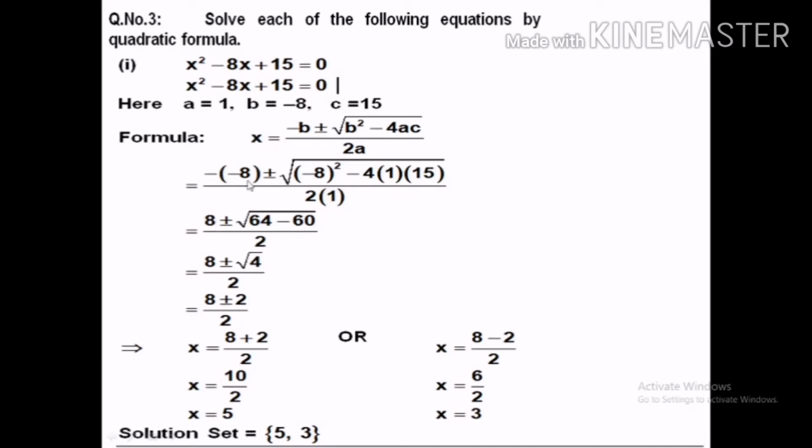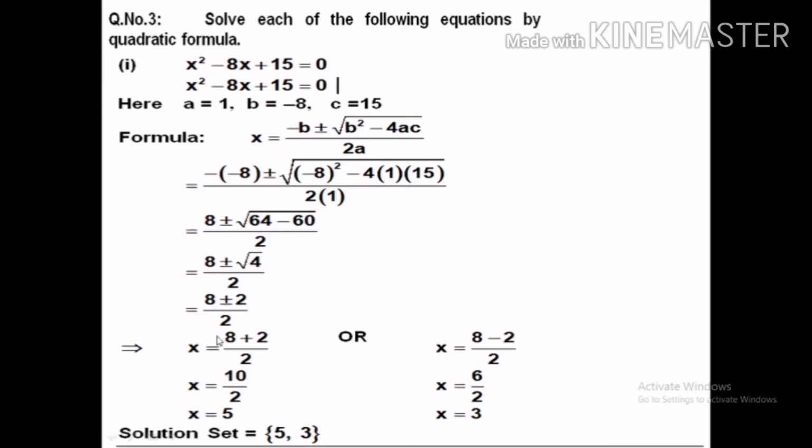So that becomes 8 ± and simplifying, 64 − 60. So again this becomes 8 ± √4 by 2, and x = (8 ± 2)/2.